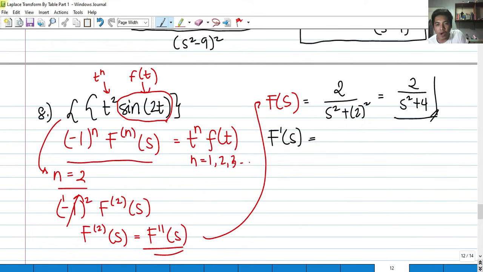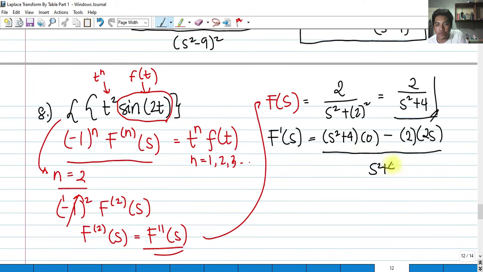So low d high. Copy the denominator, s squared plus 4. Derivative of high with respect to s, that is 0 because that is a constant, minus high d low. Copy the numerator, high, times the derivative of the denominator, that is 2s, over s squared plus 4 squared, and we know that this term should be 0.